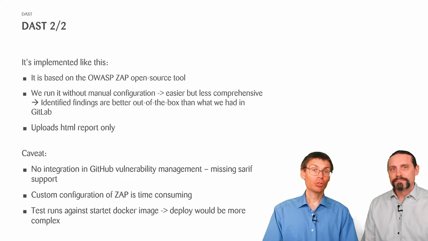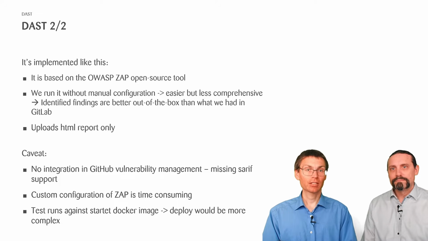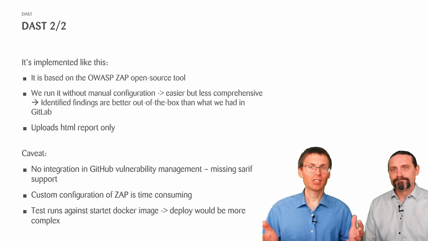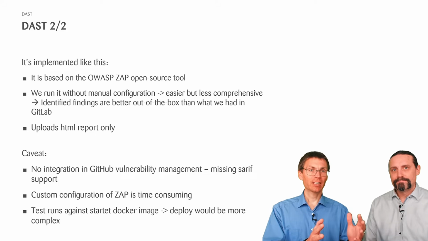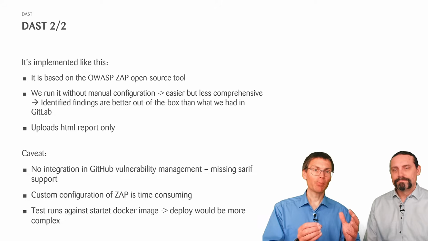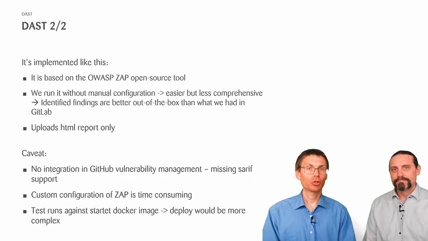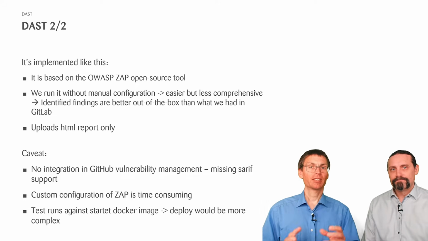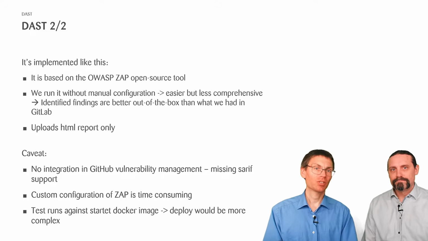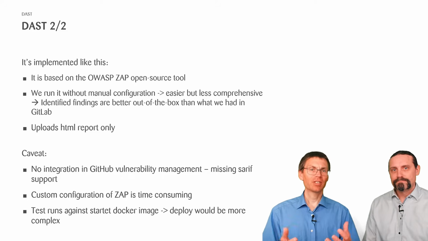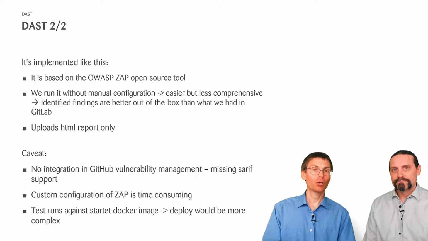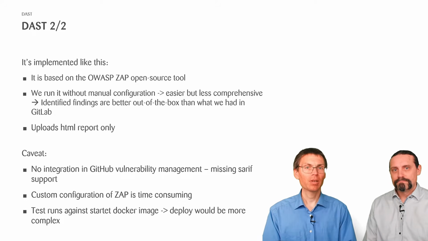Our current solution, however, has severe drawbacks. First and foremost, the results, so the findings of OWASP ZAP, are not visible within the GitHub vulnerability management. The reason for this is missing SARIF support. SARIF is the format that GitHub expects to get from tools in order to be able to display them in the vulnerability management.